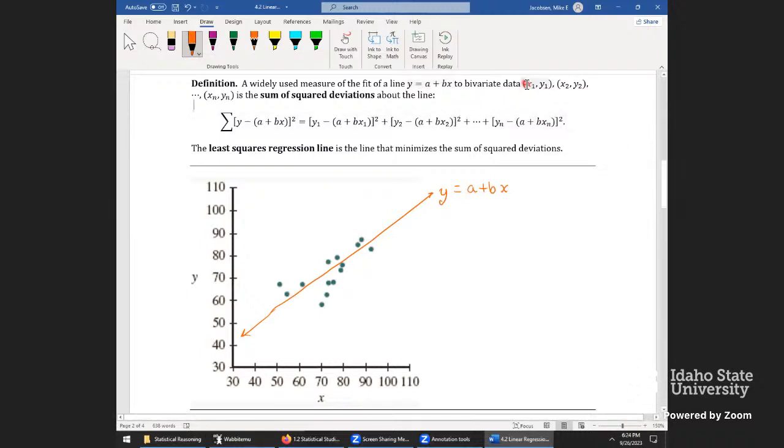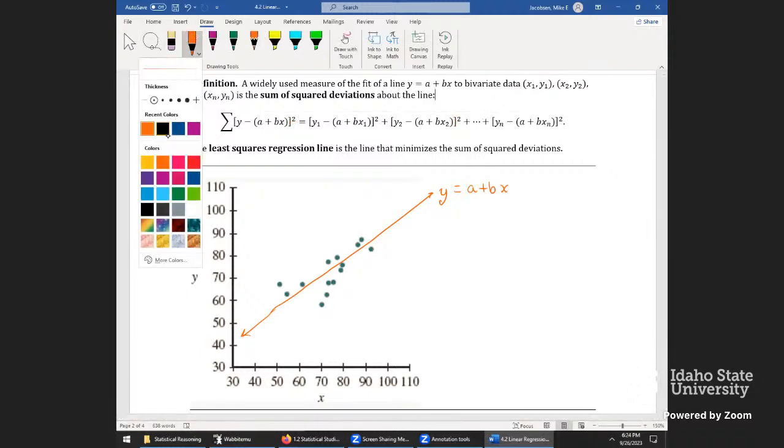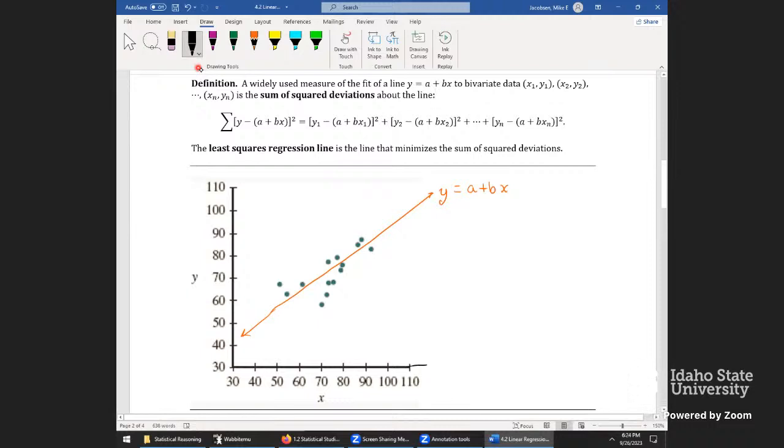So we're fitting it to bivariate data, which means all of our data comes in this form, a pair of x values and y values all together. The x values are what we have on the horizontal axis, and the y values are what we have on the vertical axis, like before.